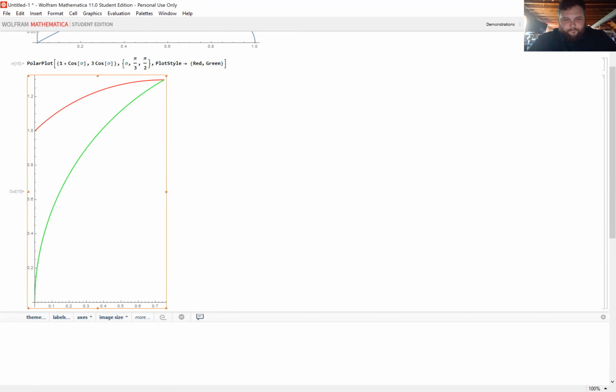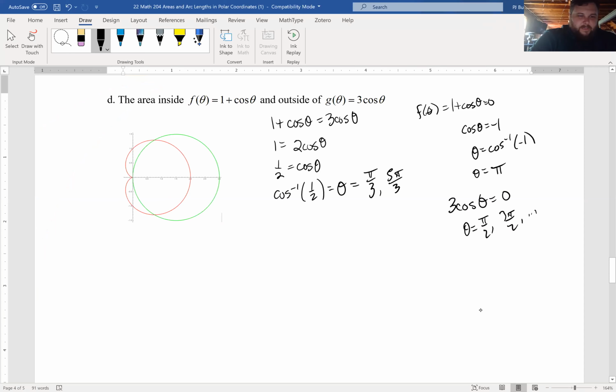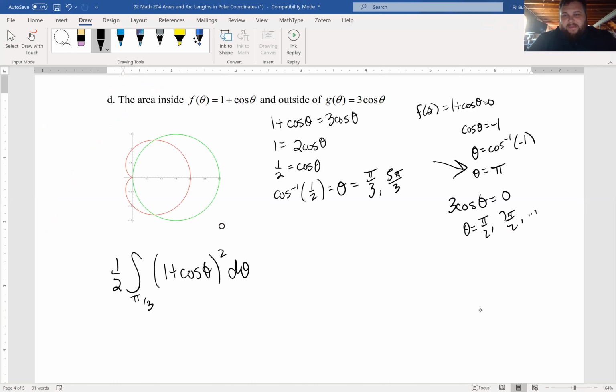So in order to properly pick up the areas that we want, we need to integrate the cardioid squared, right, because it's f of theta squared. The cardioid's going to start at pi over 3. And over here, we had shown that at pi will get us back to the pole.